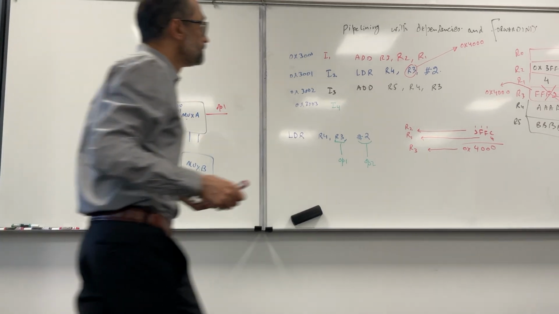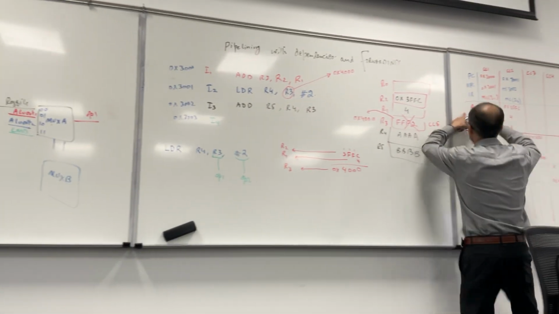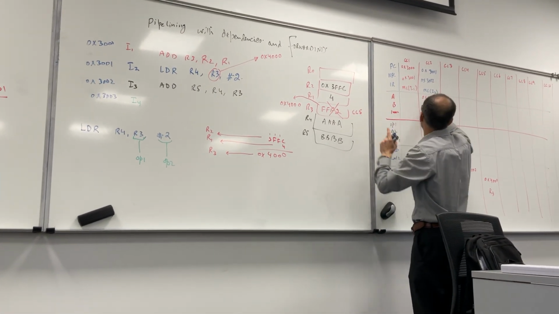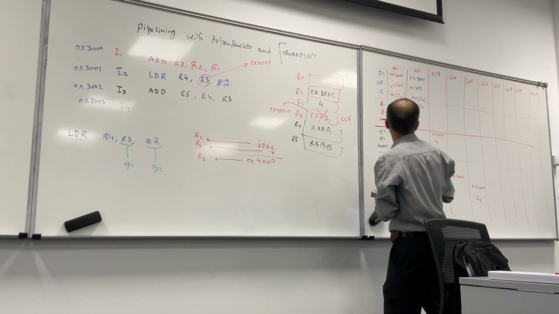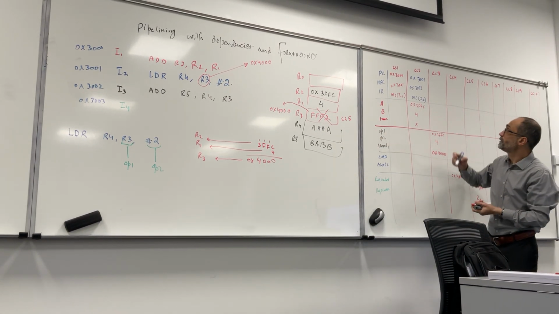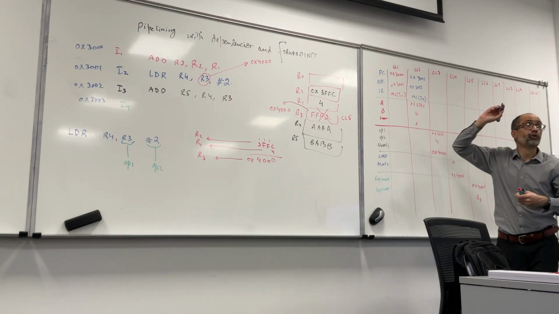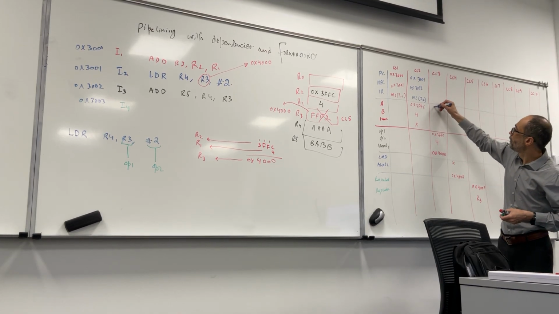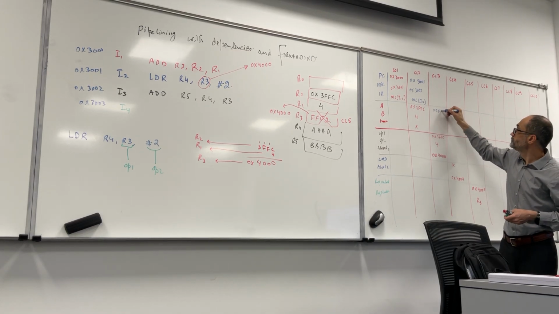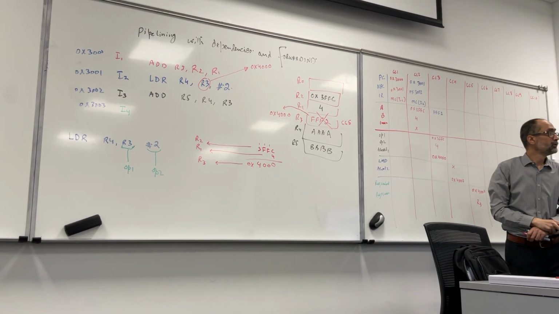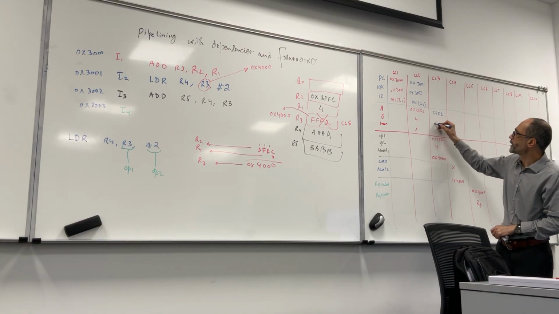Now we are reading from the register file for the second instruction. What value will we read here, for the green one? The old value. What is my old value now? FFF2. Is it the correct value or incorrect value? Incorrect value. B will be don't care.